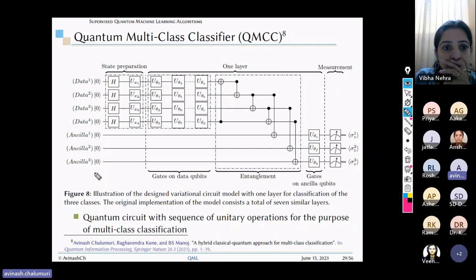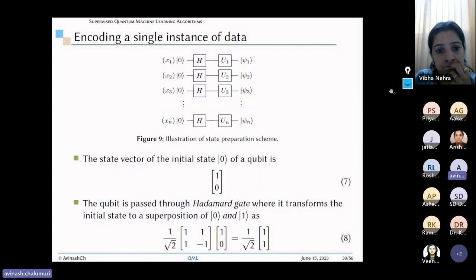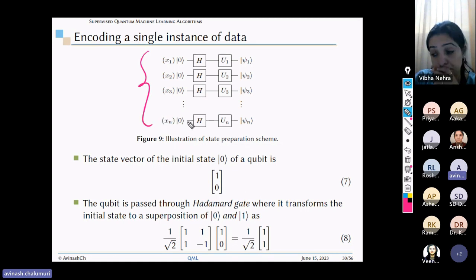If you are interested, you can look at this particular publication, done back in 2021. As I told you, it is very important for us to initially encode data into qubits. What we are trying to do here is create a state preparation scheme where we can encode the data in the form of unitaries.